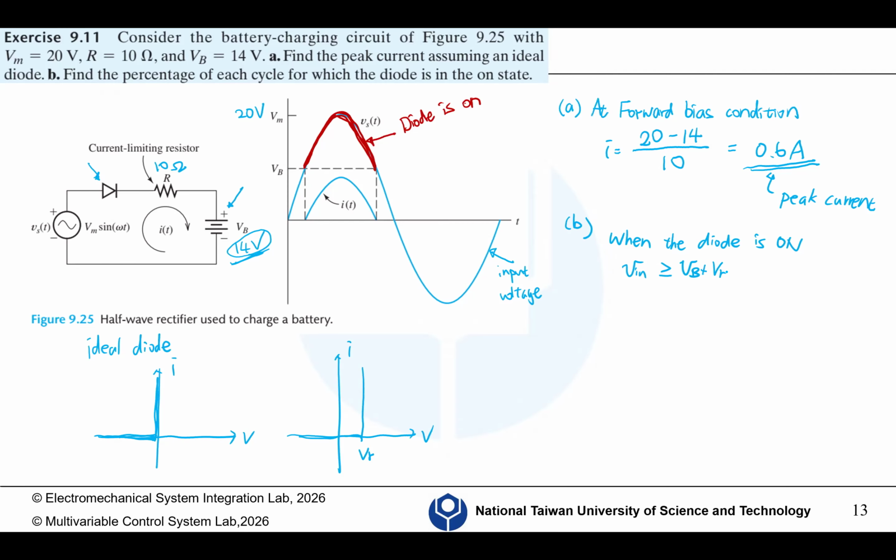But here there's no knee voltage, so the input voltage needs to be larger than or equal to VB for the diode to be on. So we have Vm sin(omega t) larger than or equal to 14.